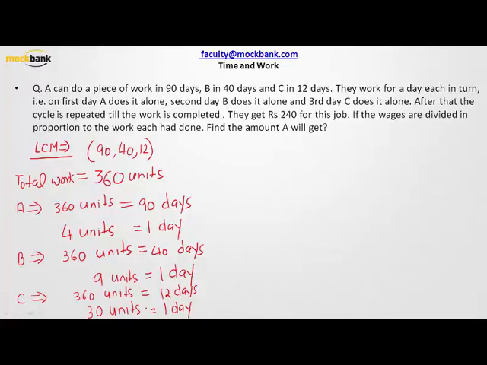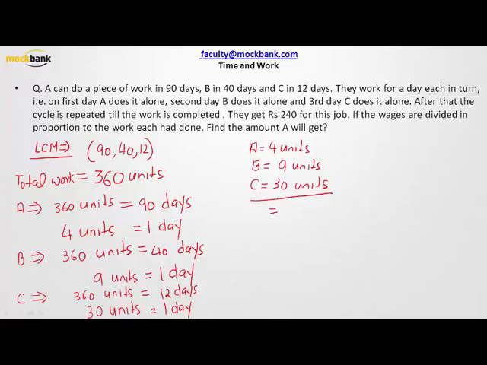Now the problem says that they are working alternately starting with A. So on the very first day A is going to work and A would be doing 4 units. And then on the second day B would come and B would be doing 9 units of work. And on the third day C would work and C would be able to finish 30 units.